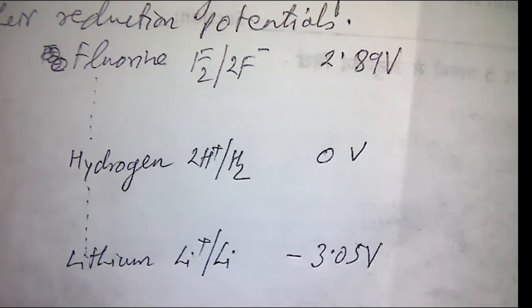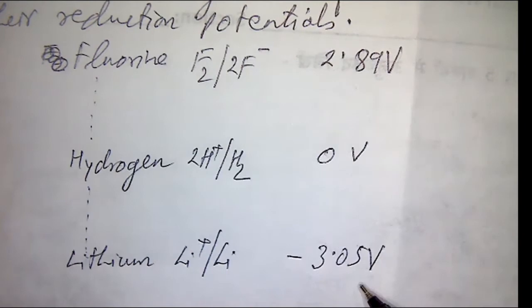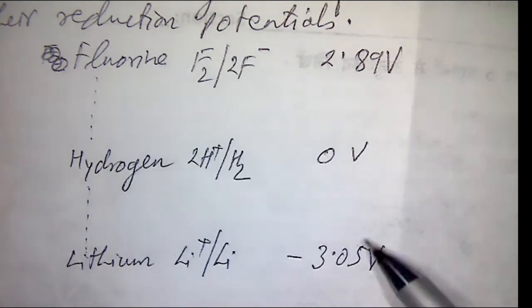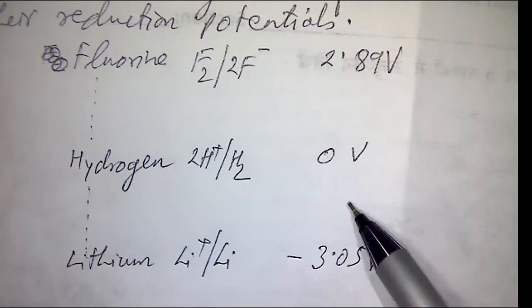So when I take these things, then what you are getting here is highest 2.89, lowest minus 3.05. In between you have 0.